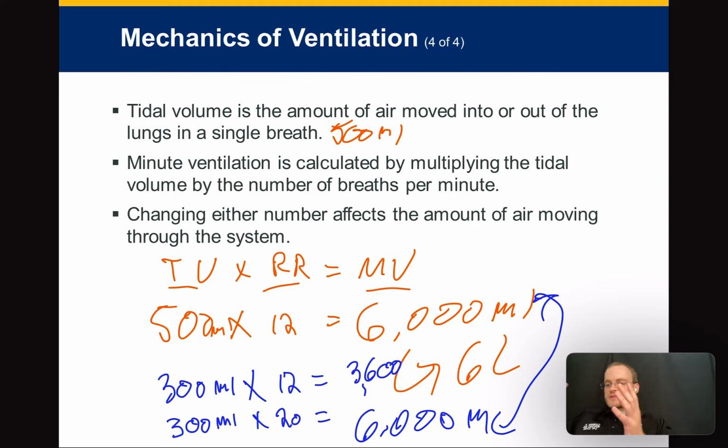You're still breathing 6 liters a minute, 6,000 milliliters of air going in and out a minute, but you're breathing faster and not as deep. That's where we use some of these components when you start talking about ventilators, to play around with these numbers. I will not test you on these exact things, but this is a concept that I want you to know. I'm not going to ask you to calculate this.